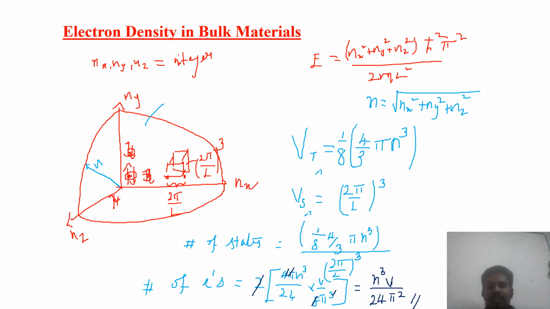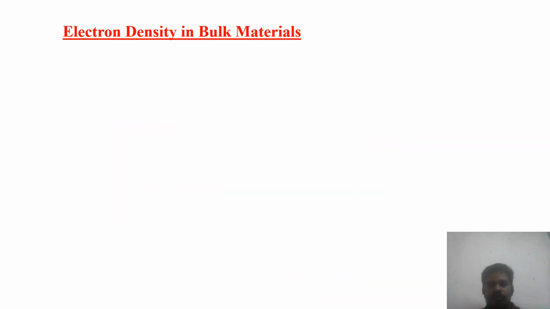So next thing we want to compute the density of states, the electron density in the bulk material. That's the thing we are going to do next. We know that the energy of the electron E is equal to n square, h cut square, pi square divided by 2mL square.